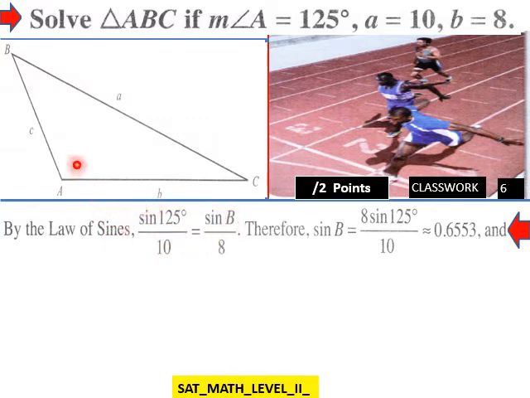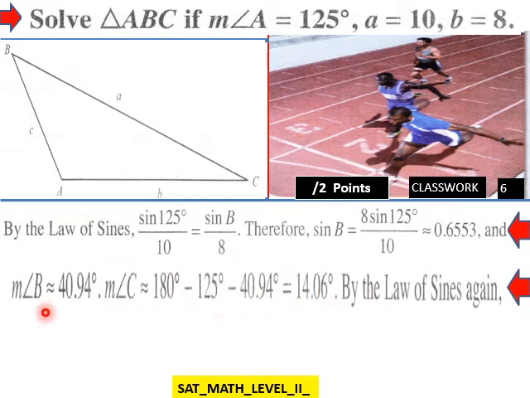Therefore, sine B will equal 8 sine 125 over 10, which comes out to 0.6553, and the measure of angle B, when you take the inverse, will come out to 40.94 degrees.